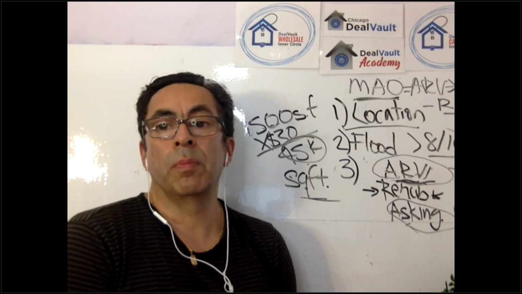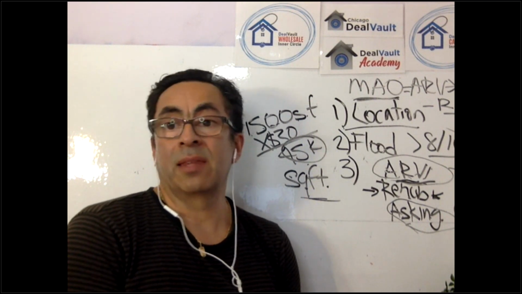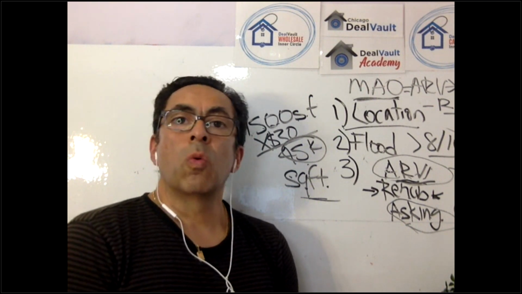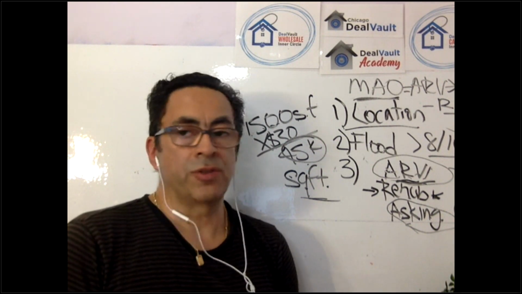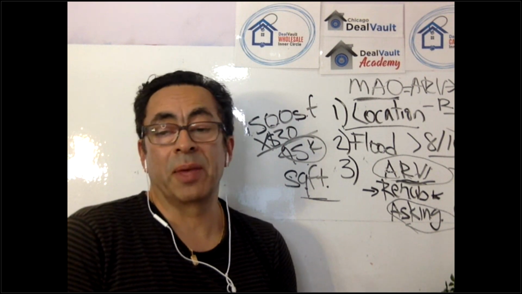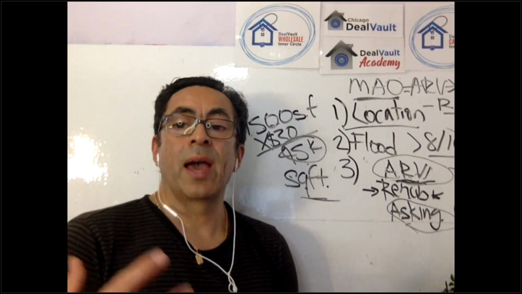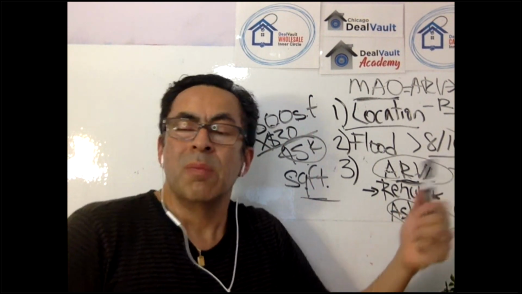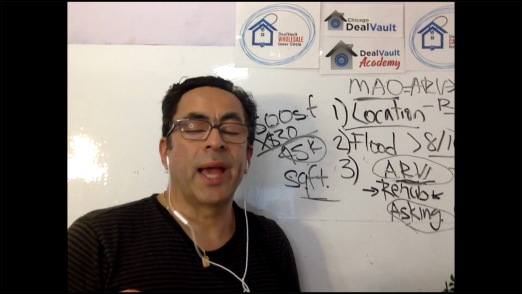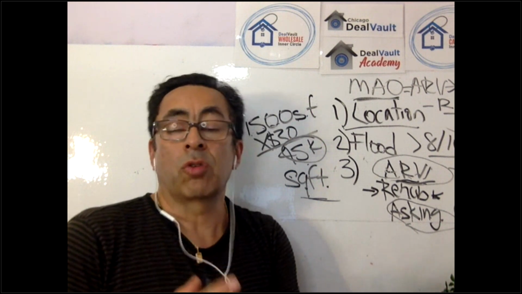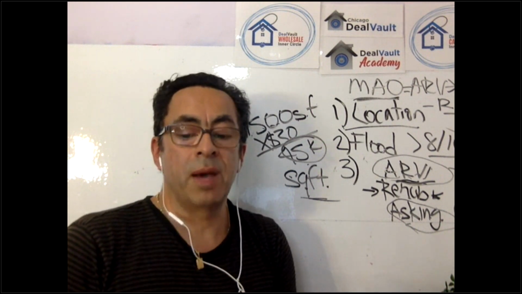On a single family home, you're going to end up paying 7, 8, 9,000. When the taxes are so high, that crushes your cash flow. You might have enough back-end equity, but if you're going to keep that property as a rental, your cash flow is going to be crushed. So keep that in mind.